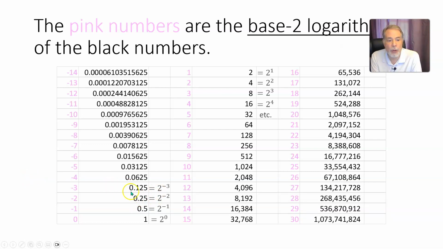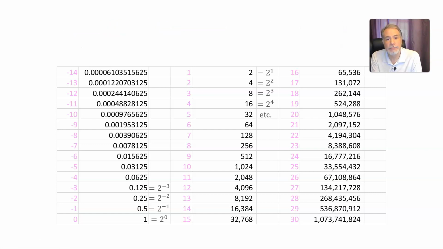It's 1/8 or 0.125, and so on. And so even if we allow for these negative powers, we can still take advantage of the fact that we can multiply 2 of these numbers together and figure out what we get by adding the logarithms.